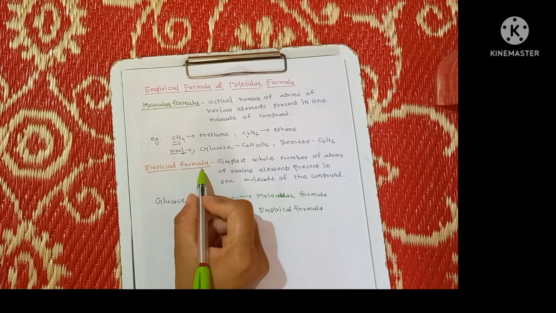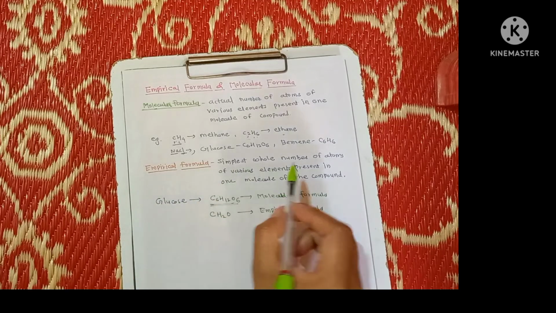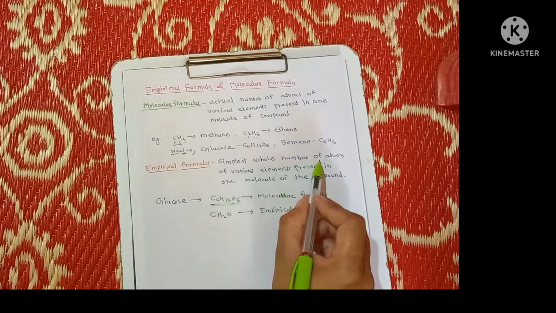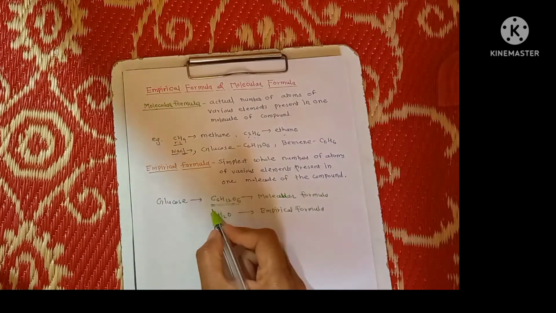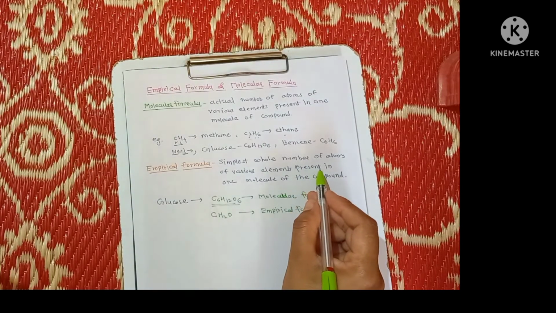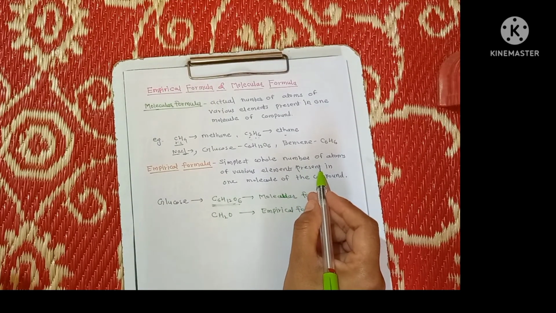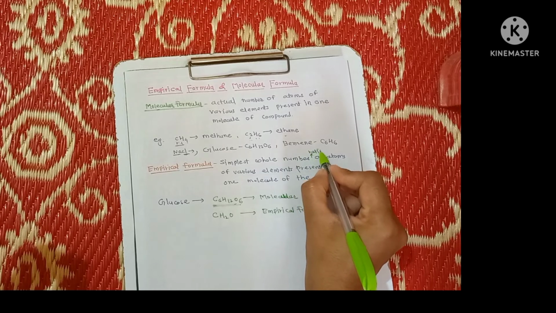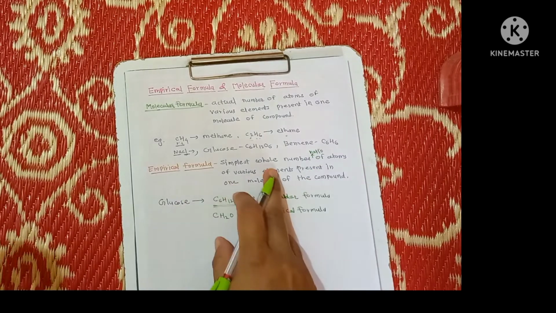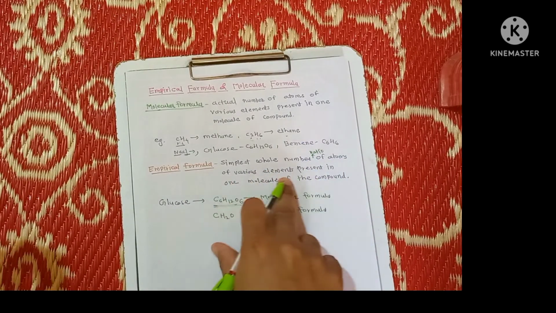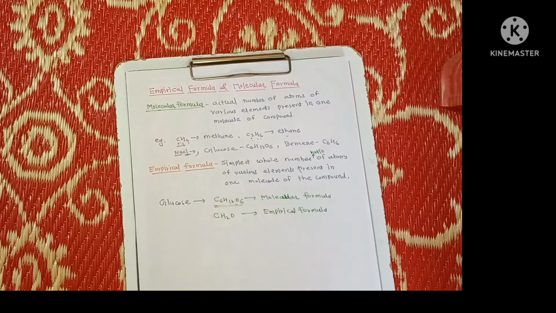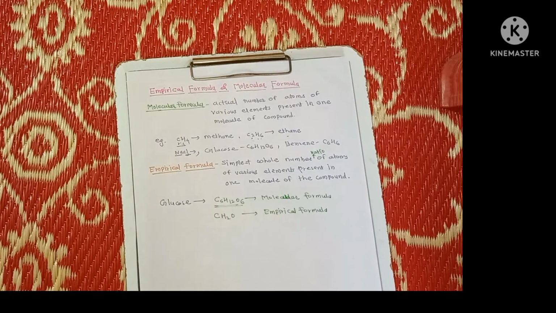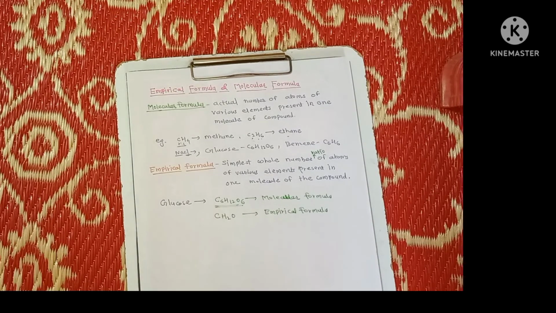Why is it so? In the definition, empirical formula is nothing but the simplest whole number ratio of atoms of various elements. We know that in molecules, a number of elements are present in definite proportion.